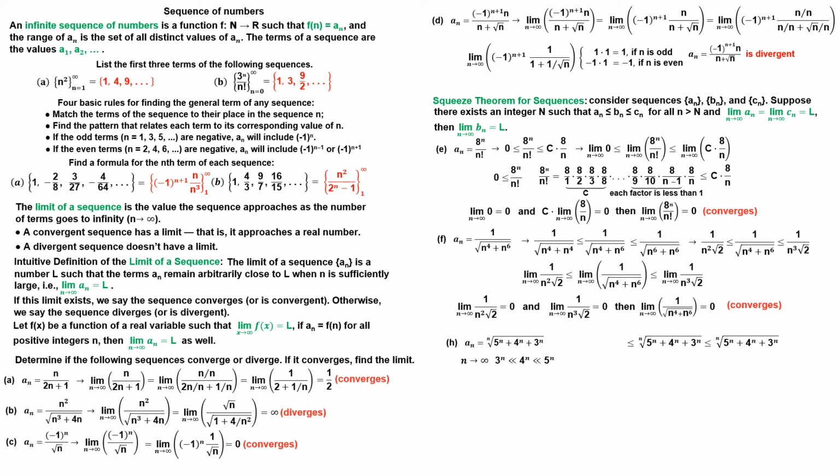On the other hand, to find a sequence that is greater than the original sequence, we replace all terms with the strongest term. After some algebra, we take the limits and apply the squeeze theorem, and the sequence converges to 5.